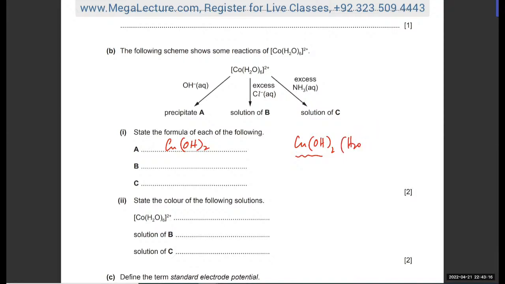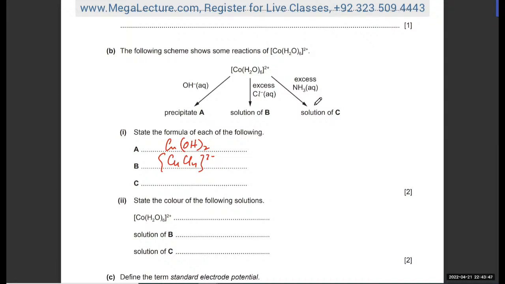The same thing happens when we add aqueous NH3. Initially, when you add a small amount of NH3, the same thing happens. If you add Cl ions, you'll get CuCl4 2-. When you add excess NH3, this thing will not happen.